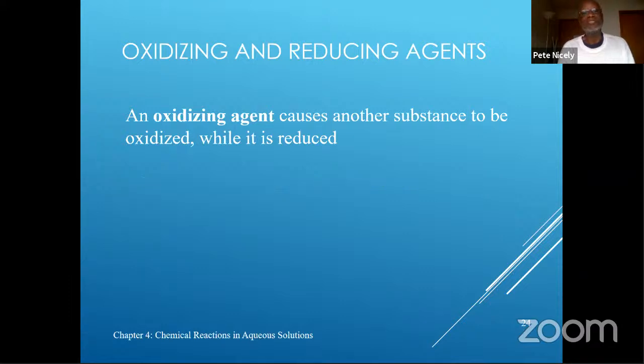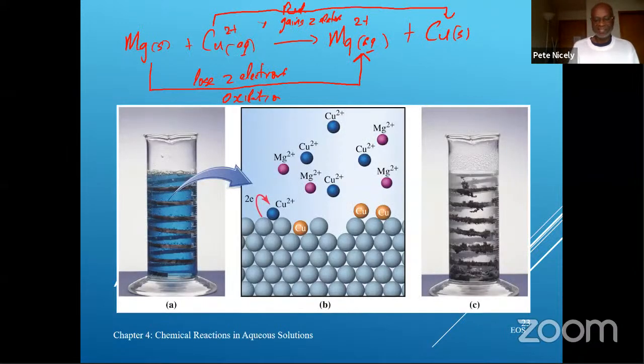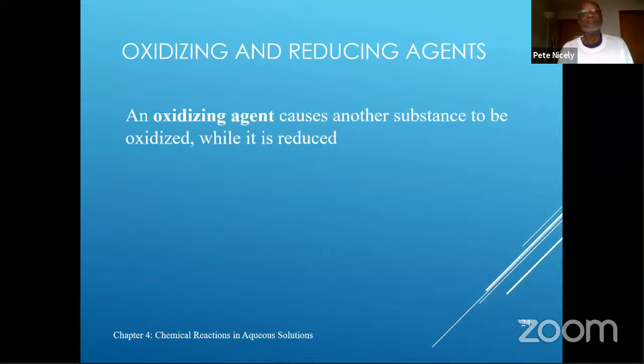So going back to the previous example that we looked at here, the magnesium here would be the reducing agent because it is reducing the copper 2+ to the copper, and the copper 2+ here is the oxidizing agent because it oxidizes the magnesium to magnesium 2+, all right? So that's another definition that you need to be aware of, okay?